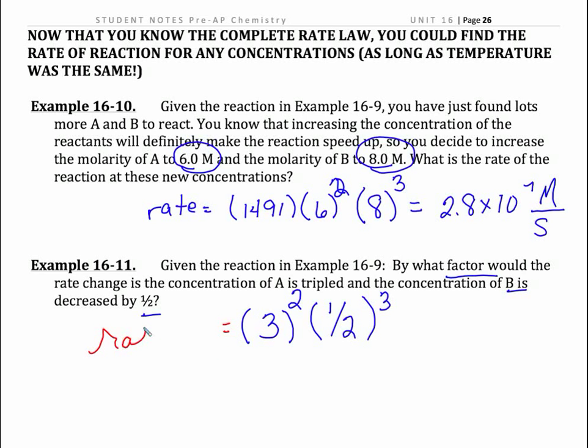What that means is my new rate will equal this factor times my old rate. So the rate would increase by a factor of 1.125 if you did that algebra.